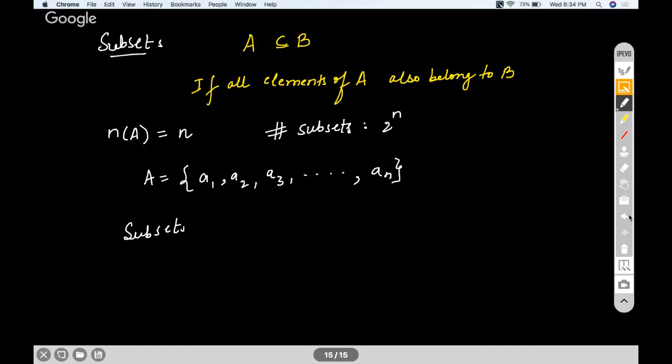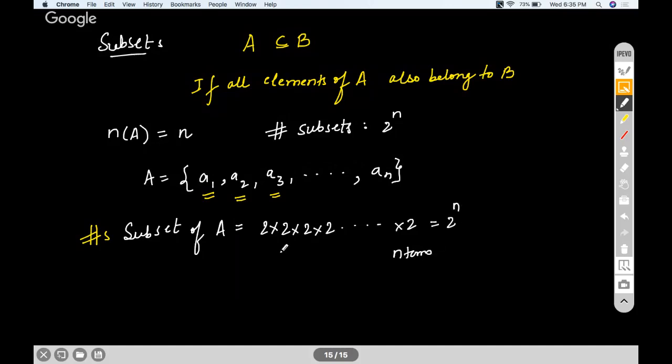If a subset of A has to be formed, every element here will have two options. So A1 will have two options, A2 will have two options, A3 will have two options, all the way till An. So the number of subsets of A can be obtained by multiplying 2 into 2 into 2, n number of times. So we say 2 to the power n subsets are possible for set A.